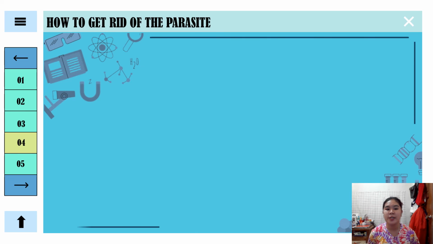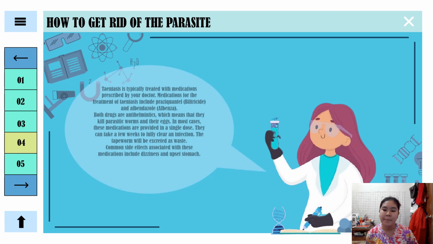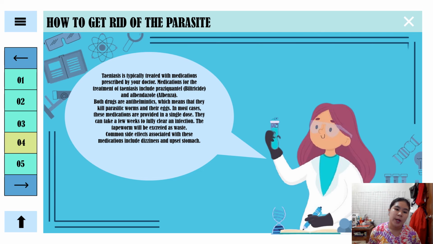How to get rid of the parasite. So, the infection is typically treated with medications prescribed by your doctor. Medications for the treatment include praziquantel or Biltricide and albendazole or Albenza.